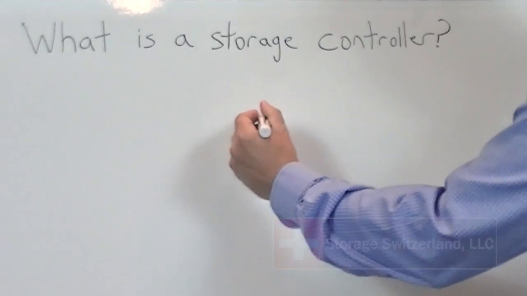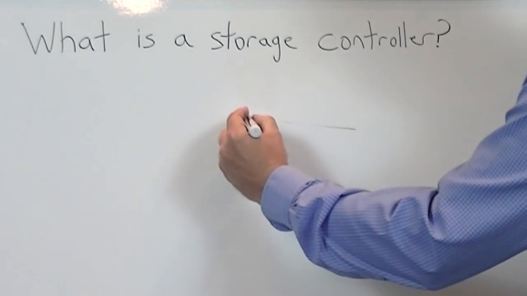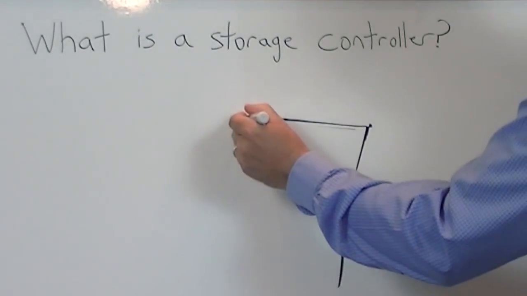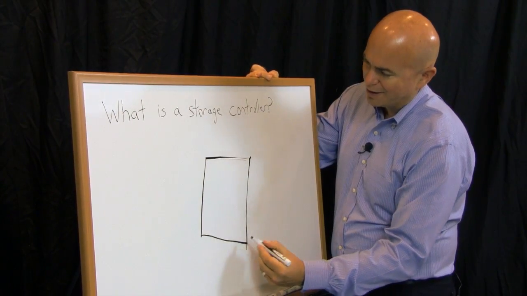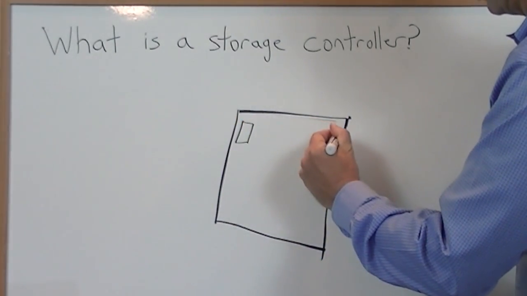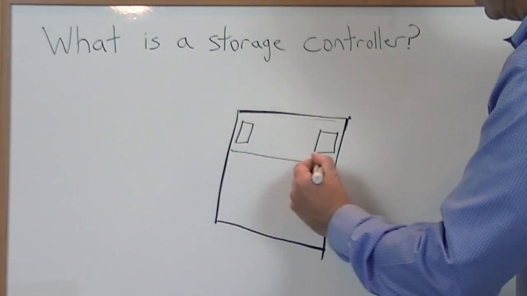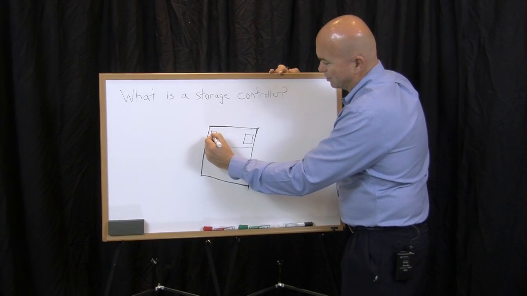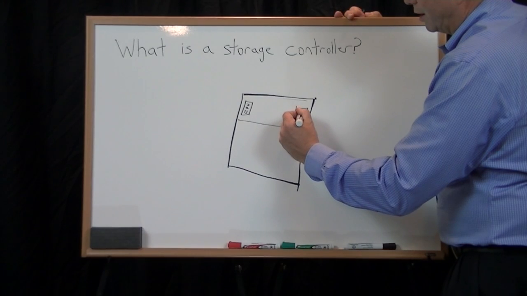So first, let's talk about what a storage controller is and where it goes. From a positioning standpoint, you can think of a storage controller basically as a computer that goes inside a storage array. Usually a classic storage system has a dual controller system, so these are basically two CPU modules.